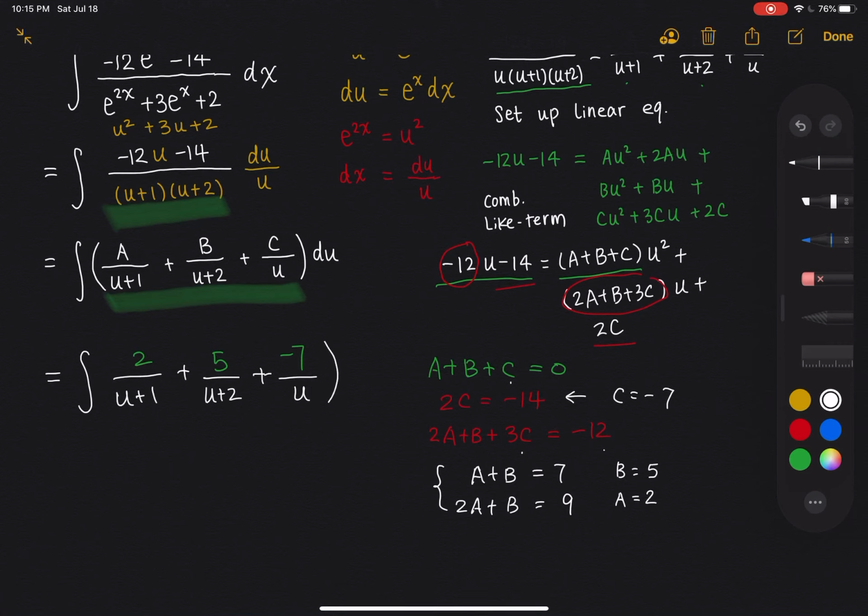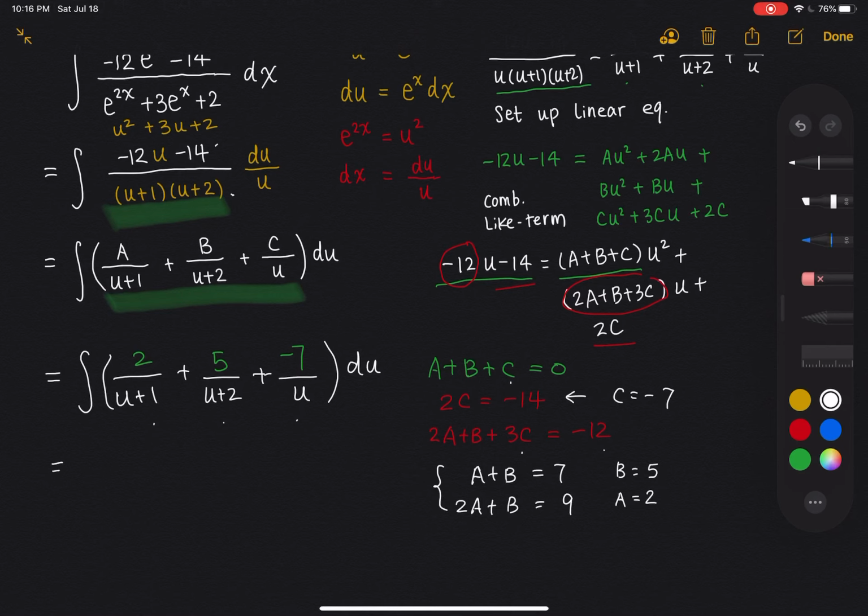If you're not sure, what you can do is combine these three fractions and see if you get this one back. Mainly focus on the numerator. If you get the numerator back, then you know your answer is correct, and this is the correct answer anyway.